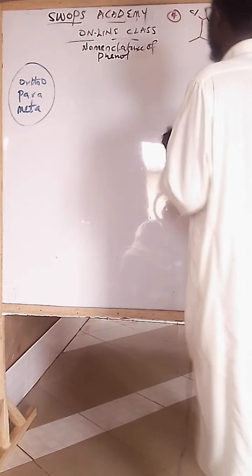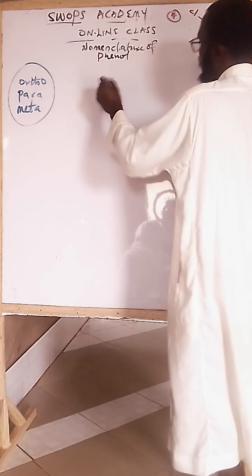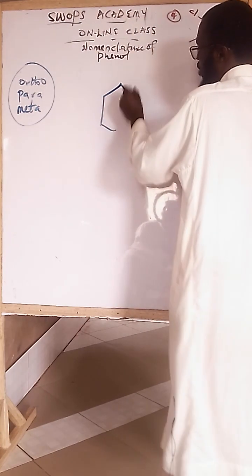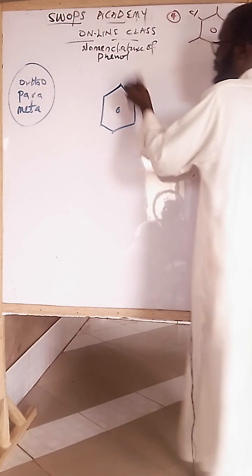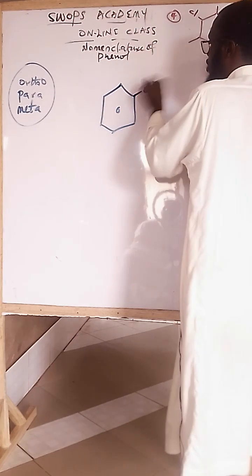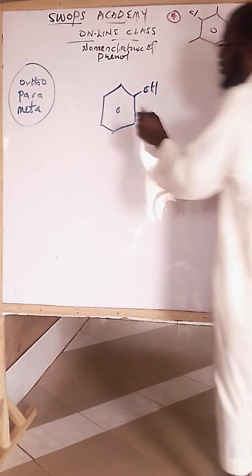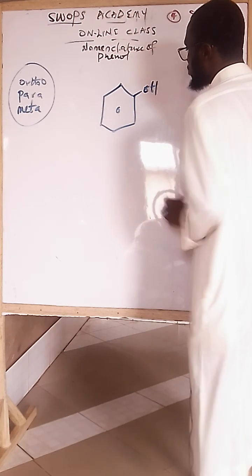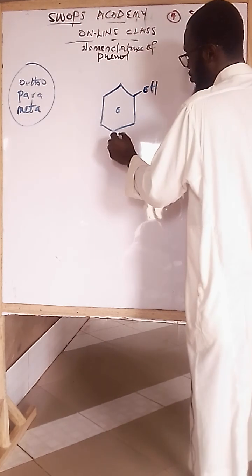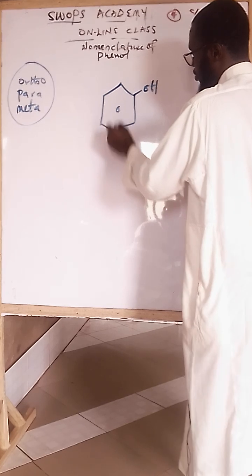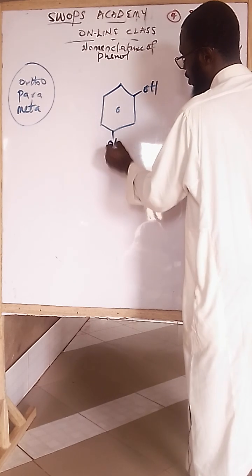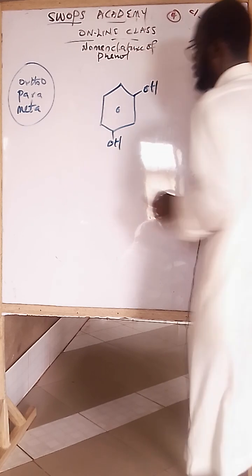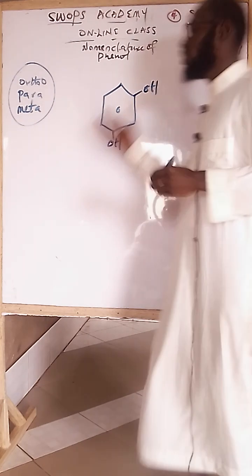Now the next thing, let's put one more to see what we can do here. This is another benzene ring. This is a hydroxyl group. Let me put another one here. This is another hydroxyl group. Now this one, can we still say phenol?